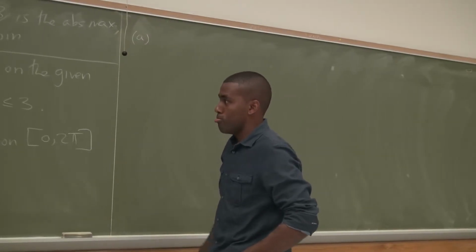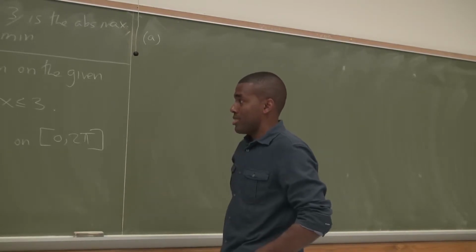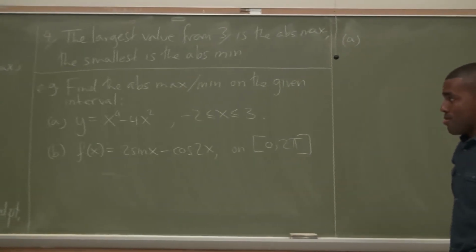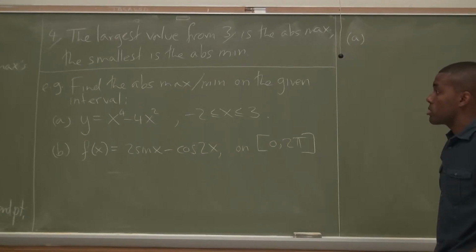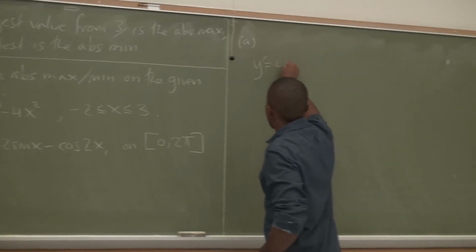Okay, go. Do the first one. We actually did half the work for that one already. So y prime equals 4x cubed minus 8x.